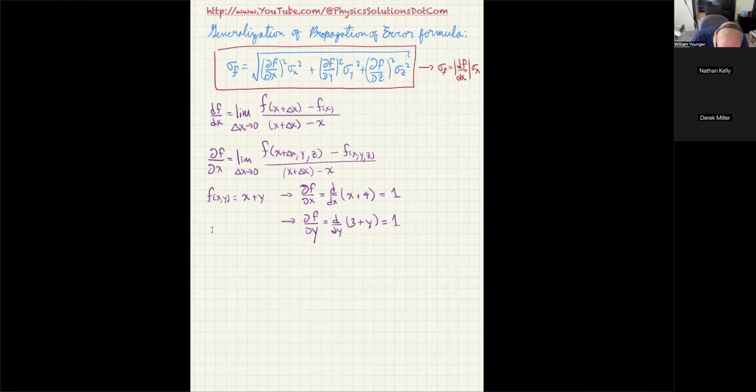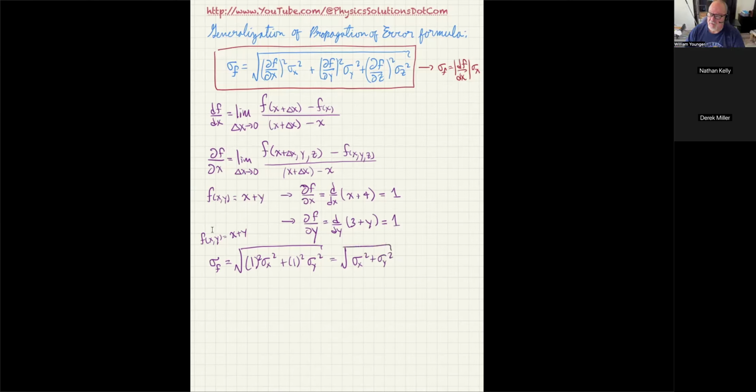Now that tells us, since we have those derivatives, that the uncertainty in f, where f of x, y is equal to x plus y, is equal to, according to our formula up there, 1 squared times sigma x squared plus 1 squared times sigma y squared, which equals just sigma x squared plus sigma y squared.